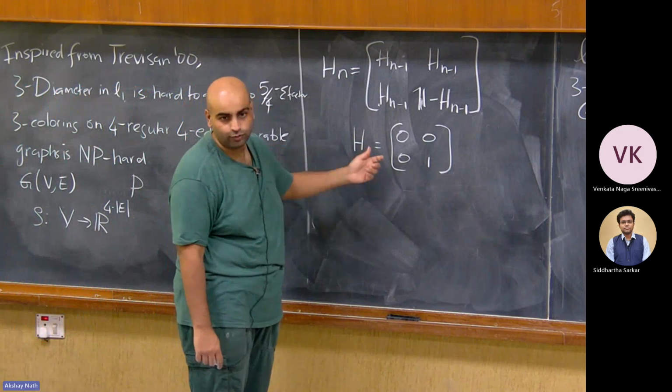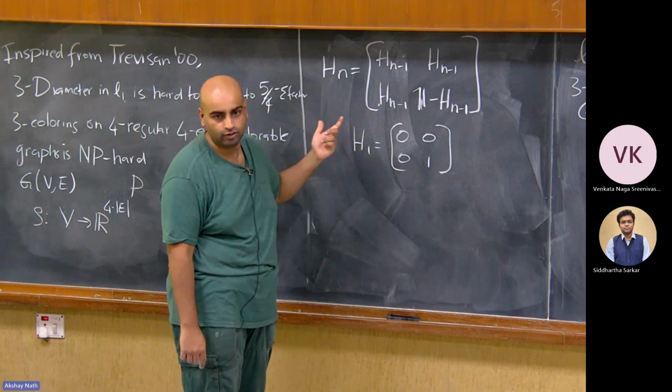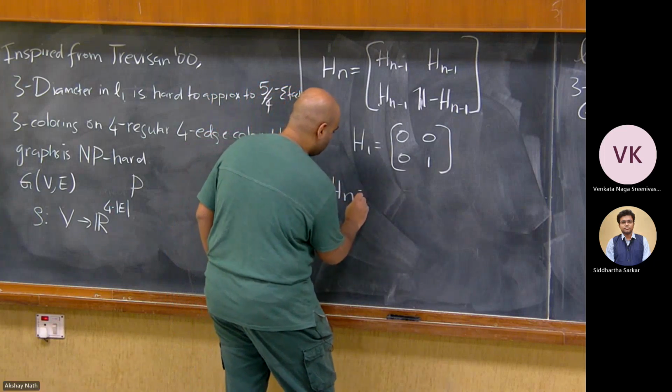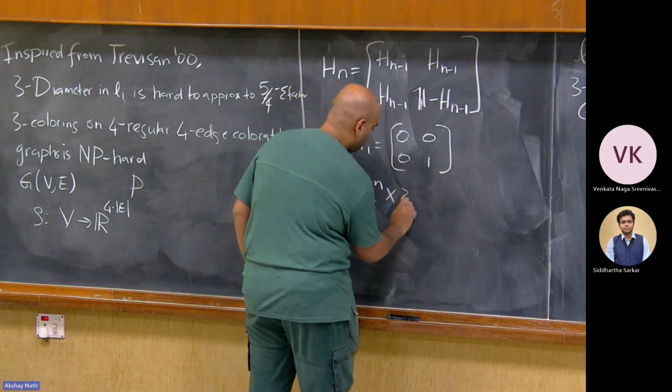So it grows exponentially. H2 is going to be a 4 cross 4 matrix. H3 is going to be an 8 cross 8 matrix. So Hn is a 2 to the n cross 2 to the n matrix.